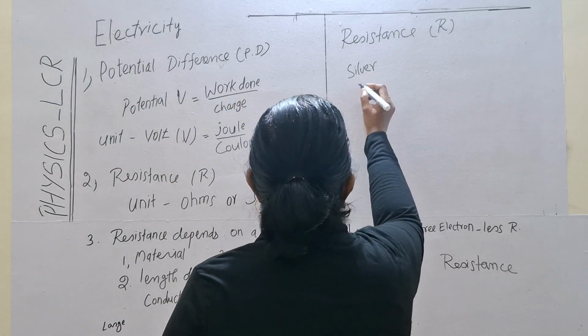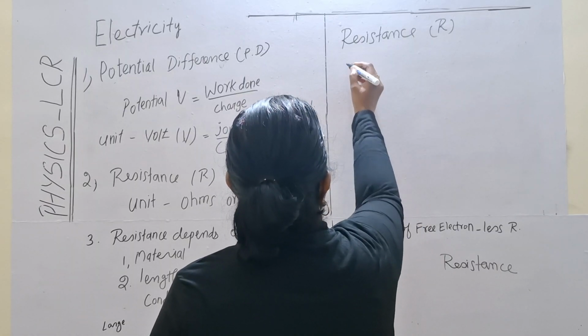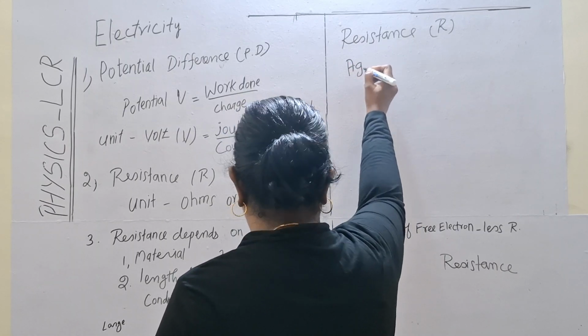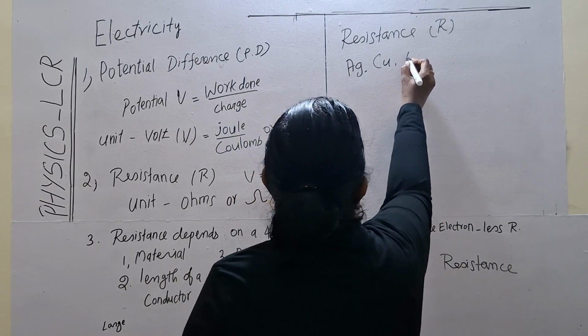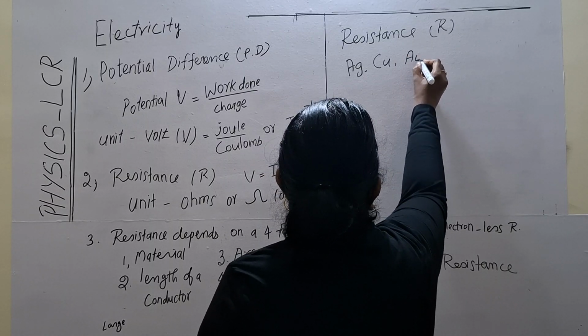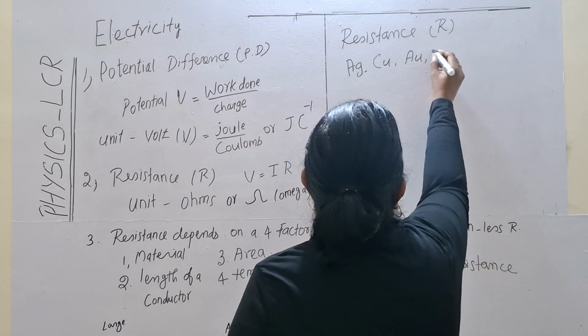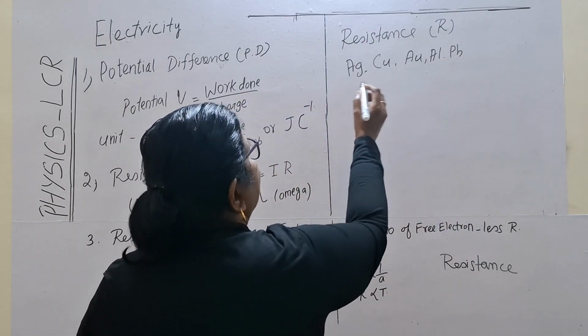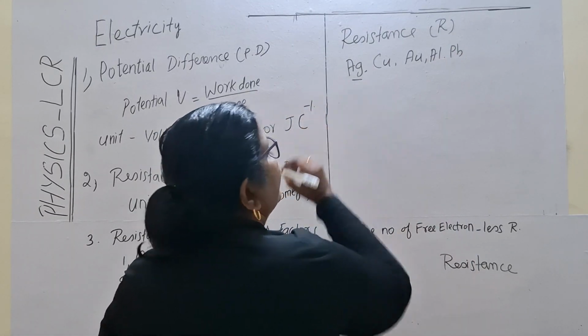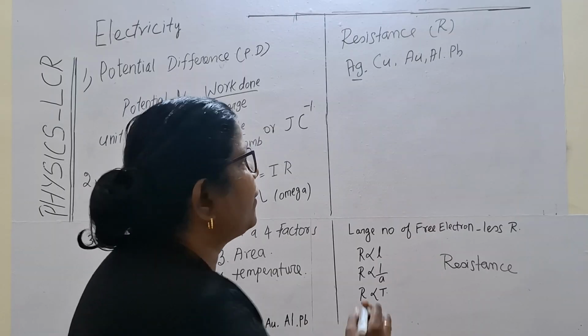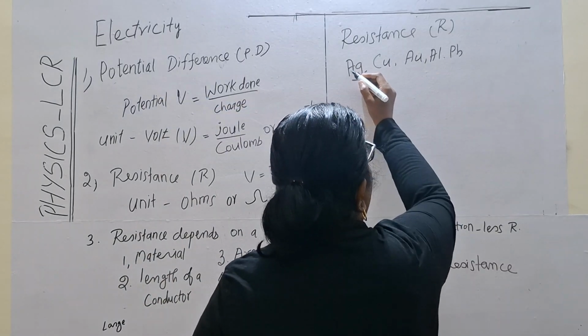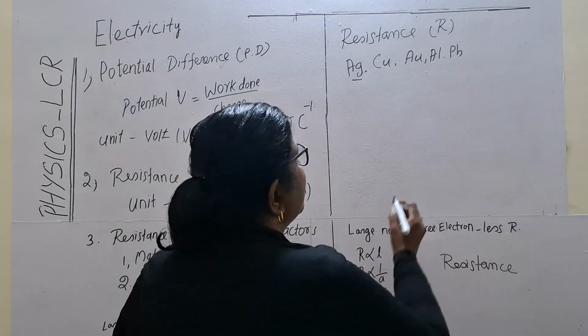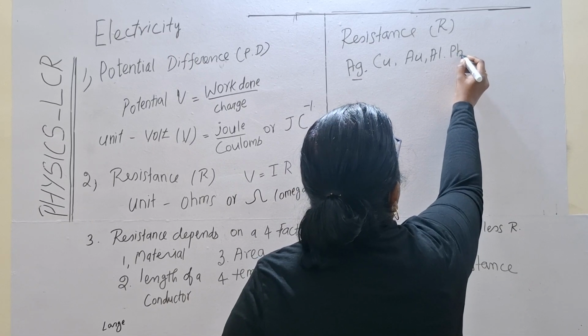Silver, then copper, gold, aluminium, lead. Here silver has the most free electrons, and it is given in decreasing order. Pb means lead.